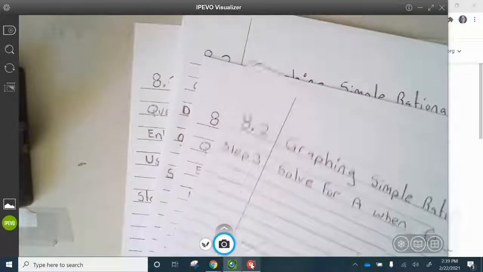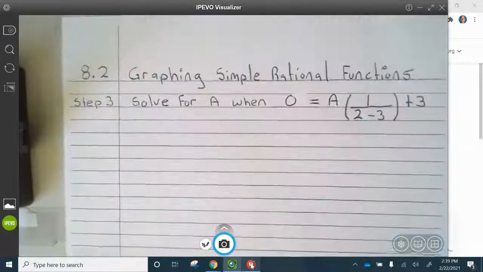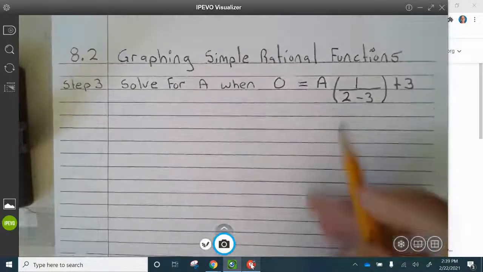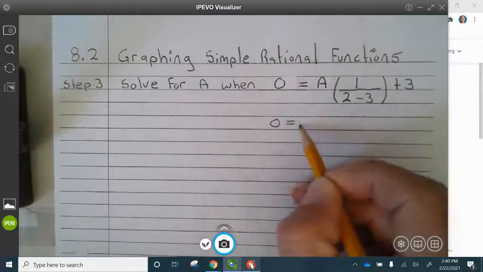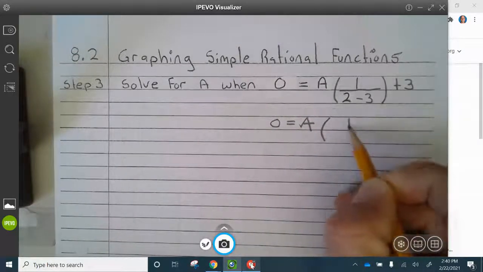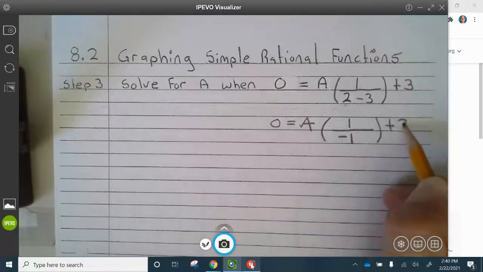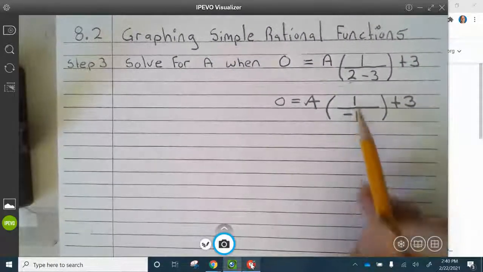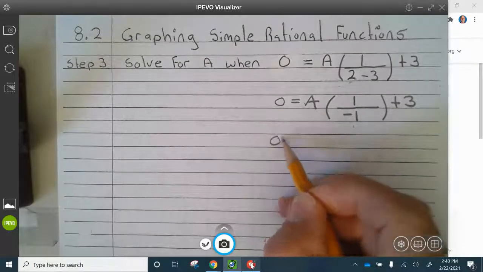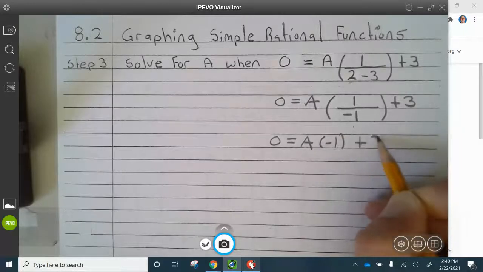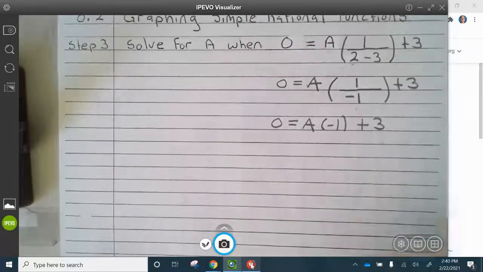Well, 1 divided by -1 is -1, so that's 0 equals a times -1 plus 3. Let's go ahead and subtract 3 from both sides. So -3 equals a times -1, which can be written as -3 equals -1a. Divide both sides by -1. So then 3 equals a.